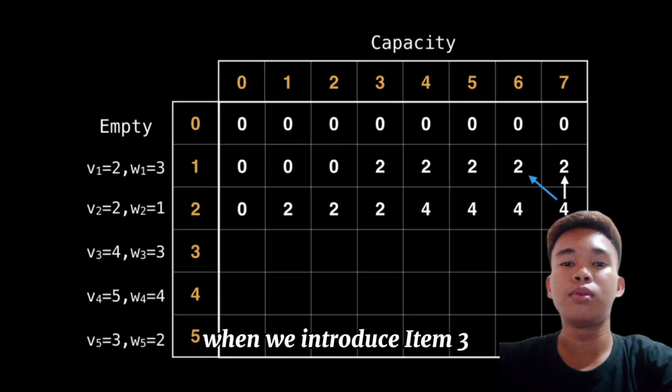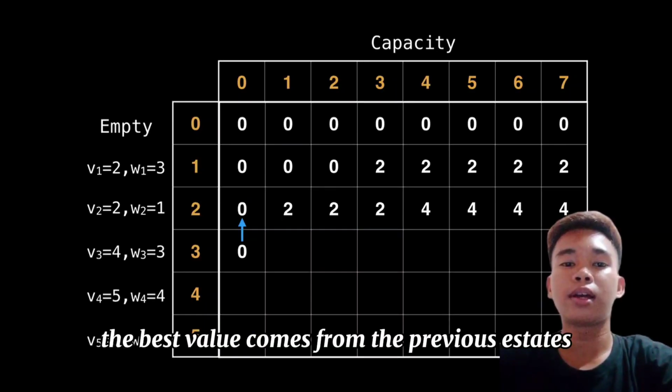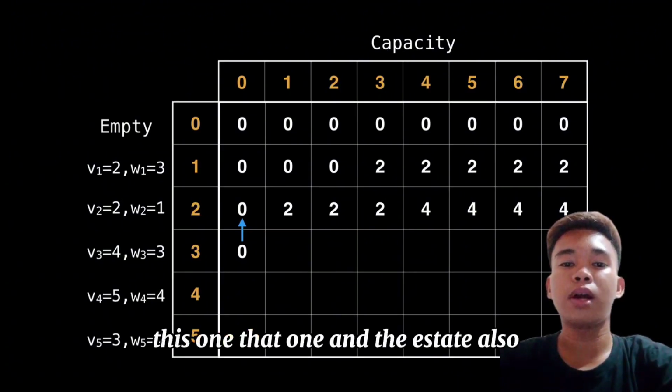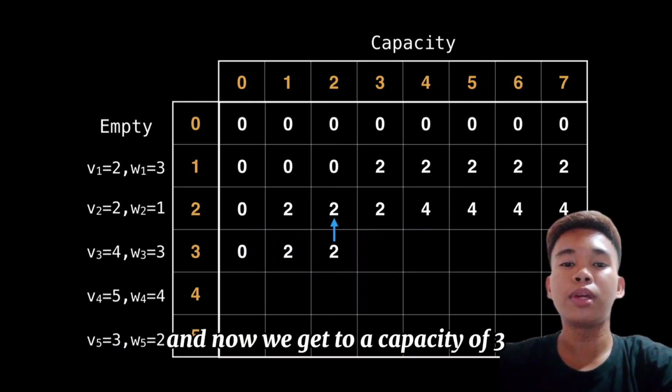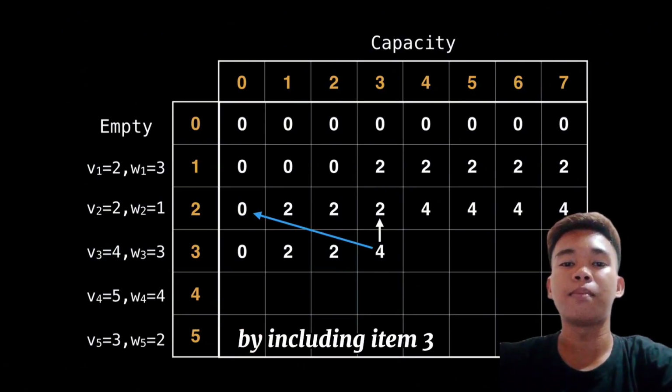When we introduce item 3, for the first few knapsack capacities the best value comes from the previous states, meaning the cell directly above. So this one, that one, and this state also. And now we get to a capacity of 3, and we are able to improve the best value from 2 to 4 by including item 3.